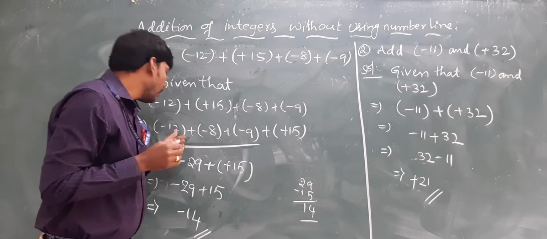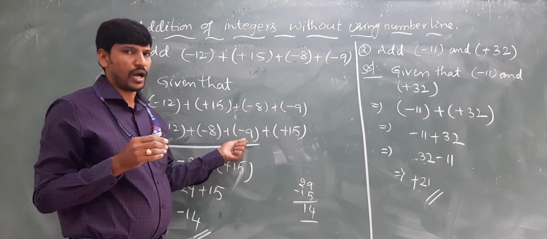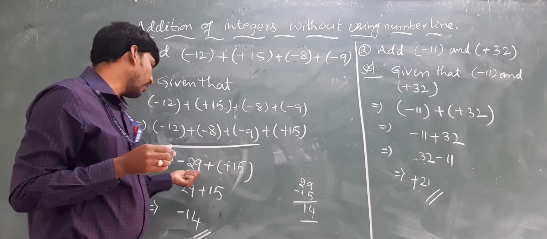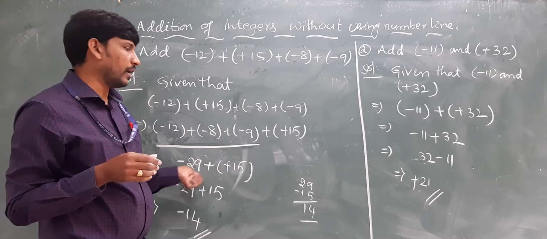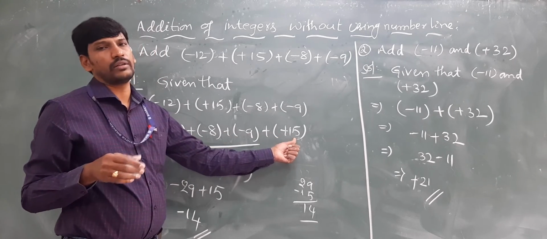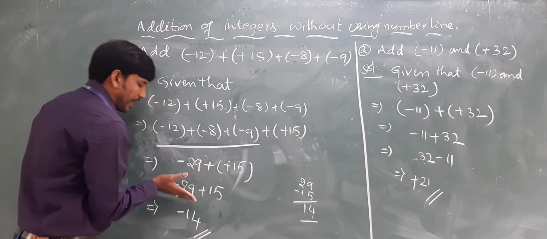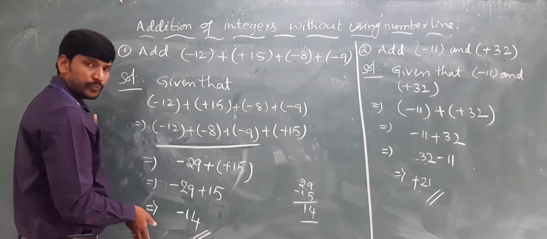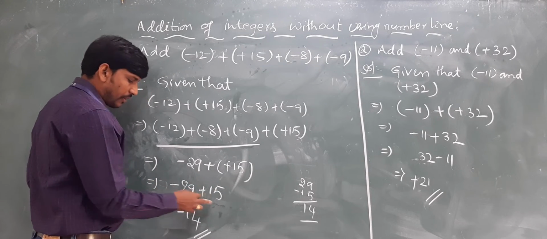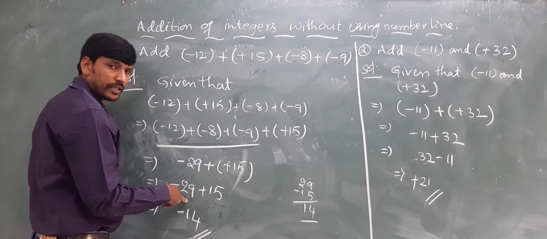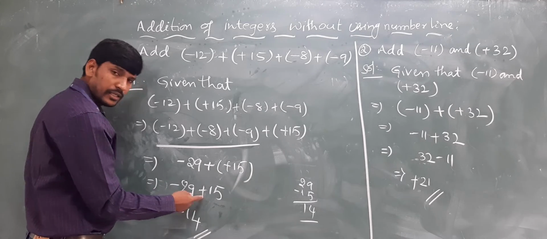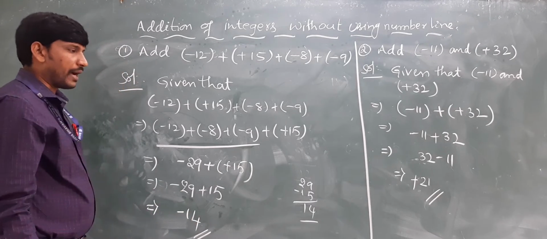Then we simplify these three values and add them, and you will get one number. To that number, you should add the remaining integer. So here, minus 29 plus 15. Both are of different sign, therefore we need to subtract. By subtracting, the answer is minus 14.